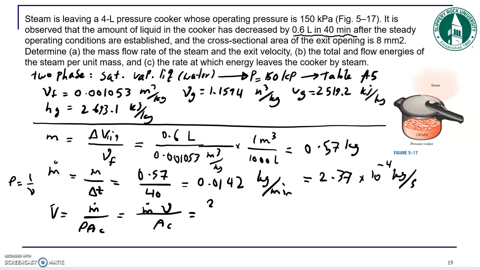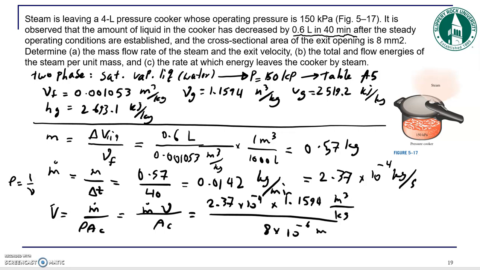M dot is 2.37 times 10 to the negative 4. Nu g is equal to 1.1594 cubic meter per kilogram divided by 8 times 10 to the negative 6 meter squared. That's the cross-sectional area. Results in 34.3 meter per second.